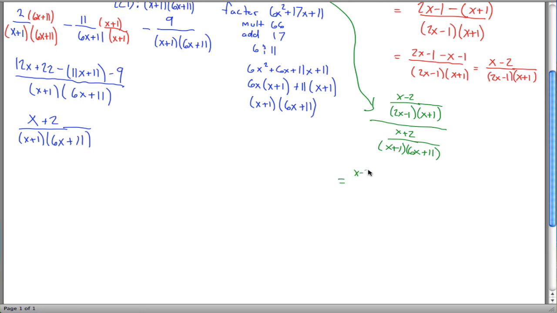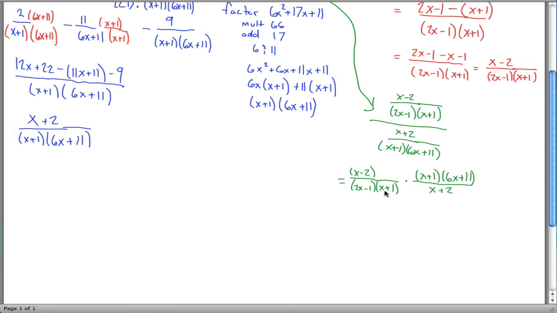What I'm trying to say is we got x minus 2 over 2x minus 1 times x plus 1. And we can multiply that by x plus 1, 6x plus 11, divided by x plus 2.